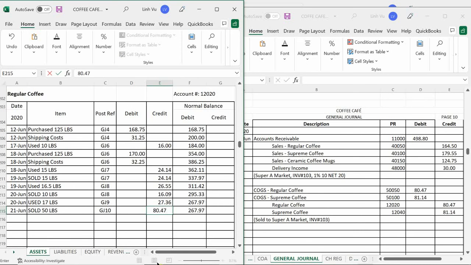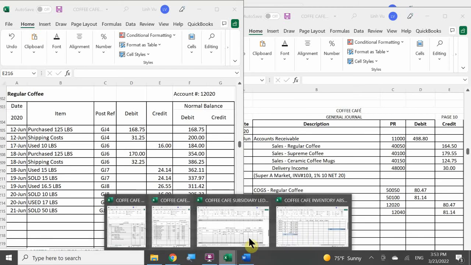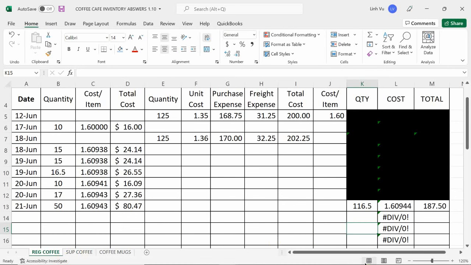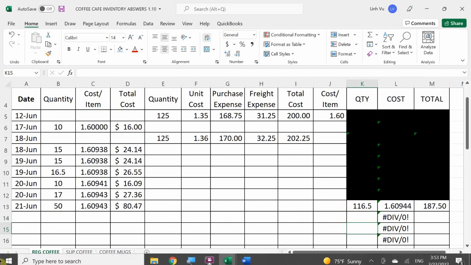So what should be my ending balance? Should be $187.50. And does that match my inventory worksheet? Yes. Yes, it does. Okay.